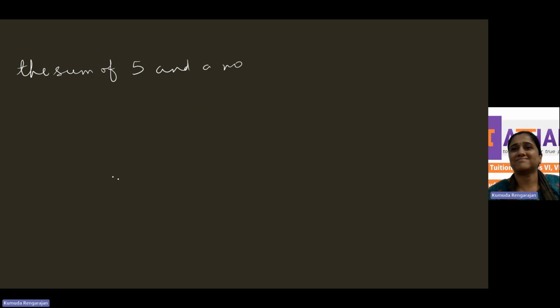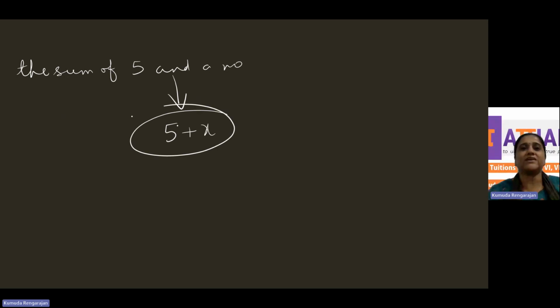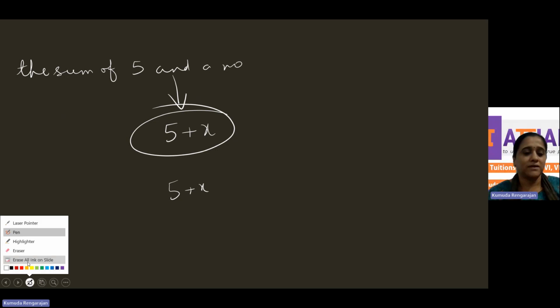X. So 5 plus X. Or 5 plus A, 5 plus B, 5 plus X, Y, Z, because 5 is 5. So you see, you've converted this statement to an algebraic expression: 5 plus X. That's all.